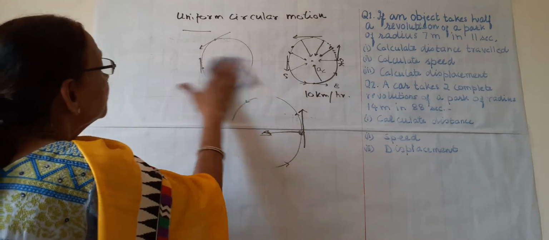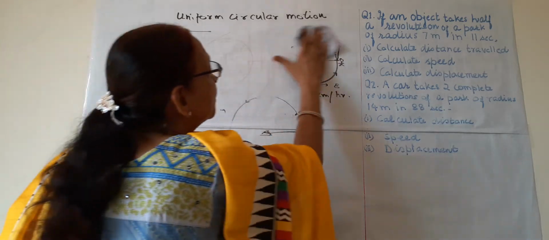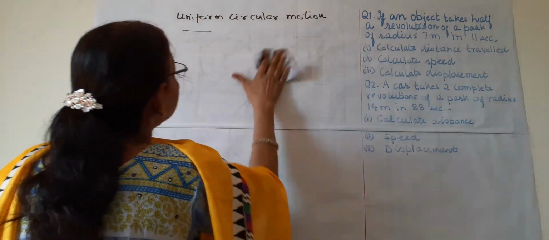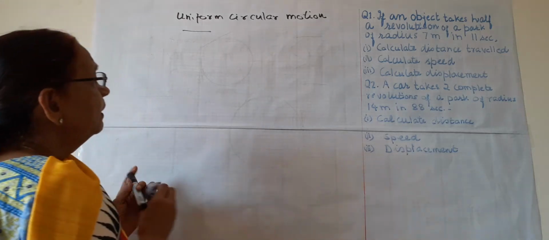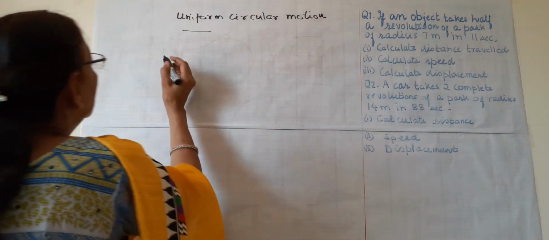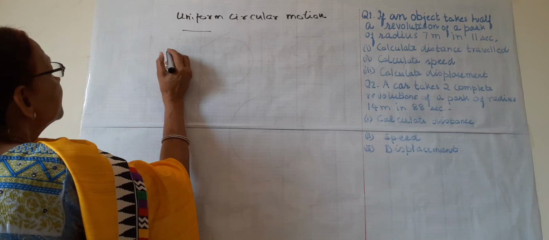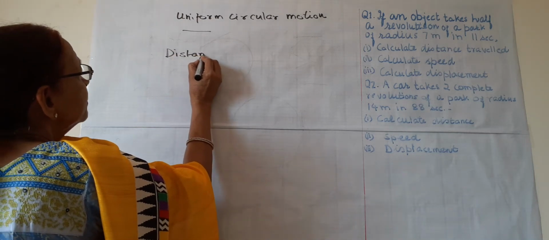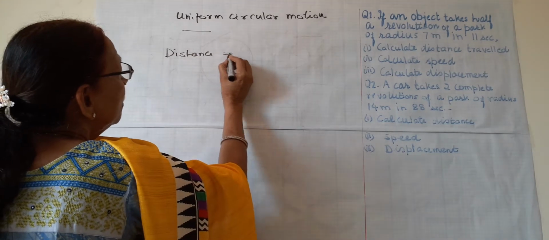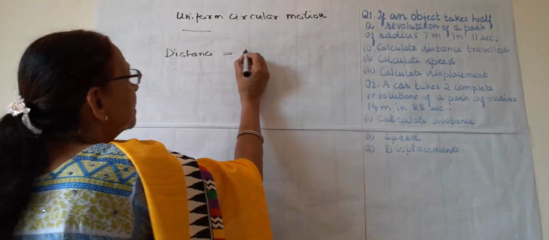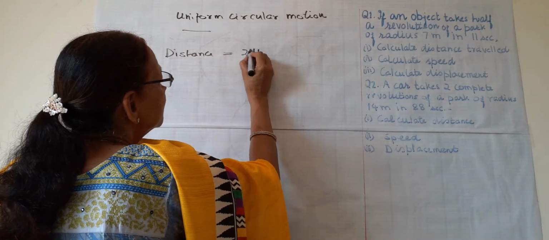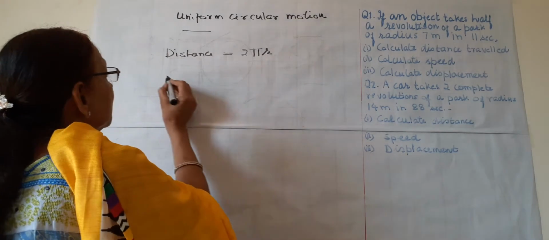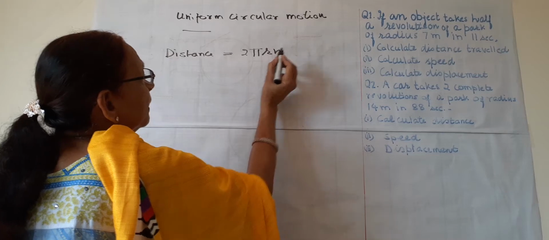Now I will give you some formulas to solve the numericals. Very simple formulas of the circle. These are for the distance travelled by the object in a circle. Distance travelled in a circle, all of you know, is equal to its circumference. Circumference is 2 pi r. But it is 2 pi r n.